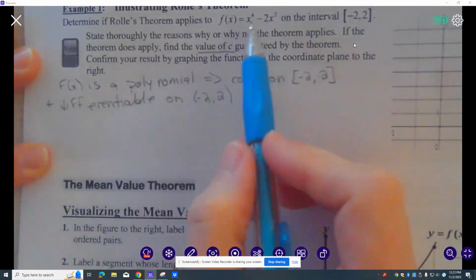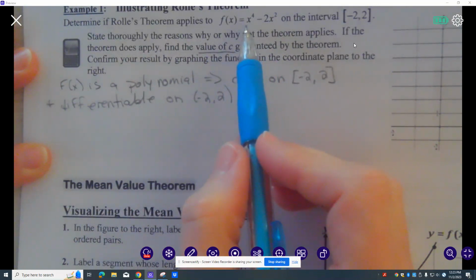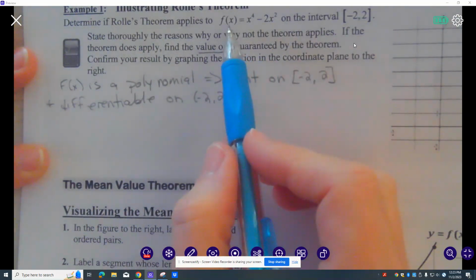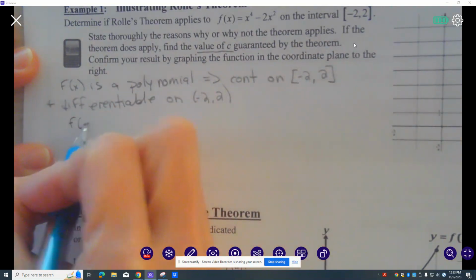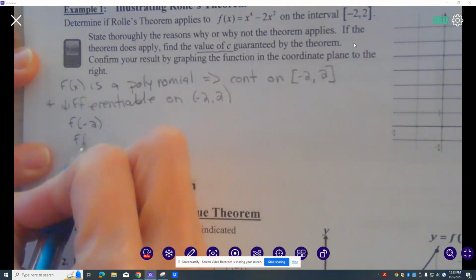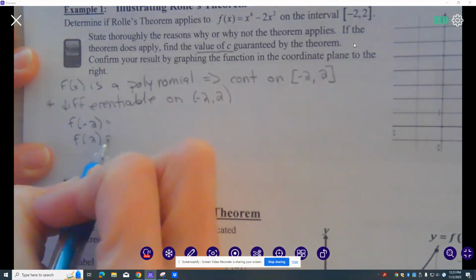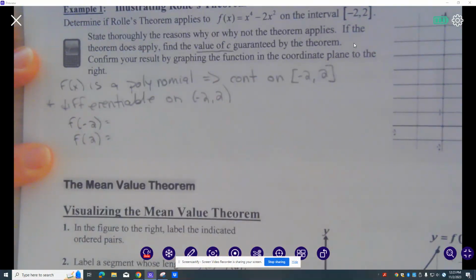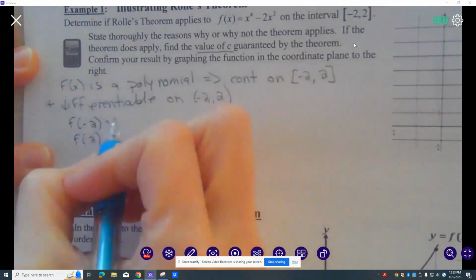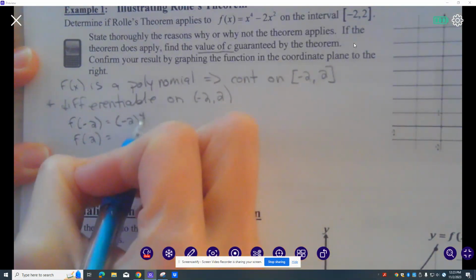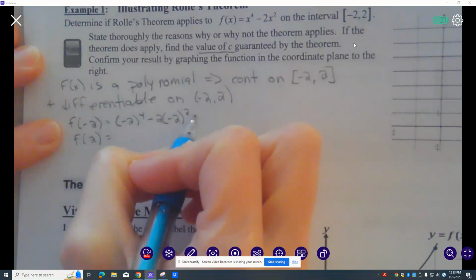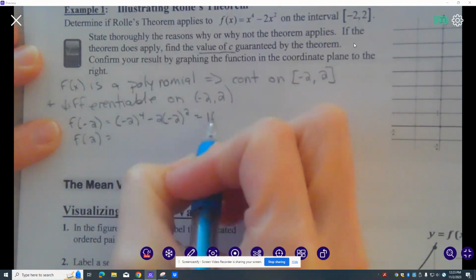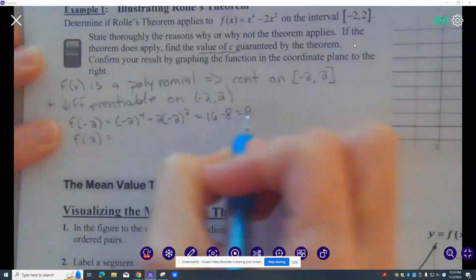So now I need to find what they call in the theorem f of a and f of b, which in our case will be f of -2 and f of +2. So that's at the 2 endpoints. So f of -2 would be -2 to the 4th minus 2 times -2 squared, which is 16 minus 8, which is 8.